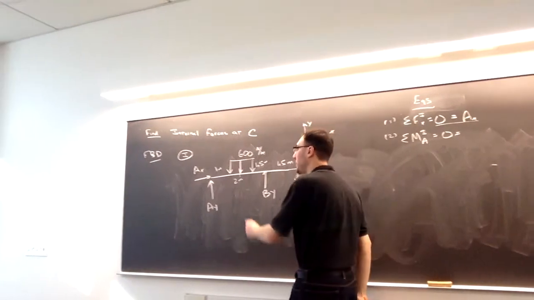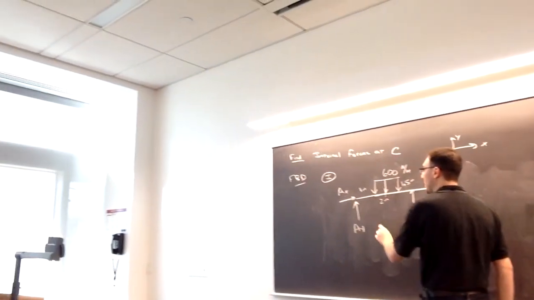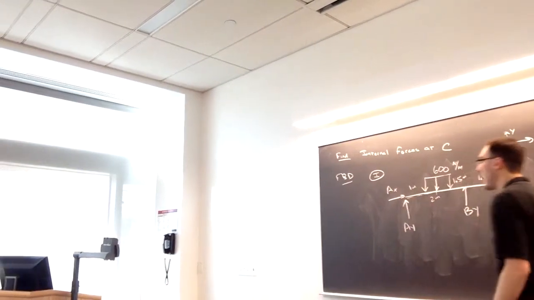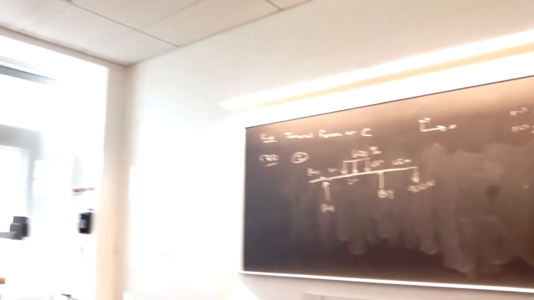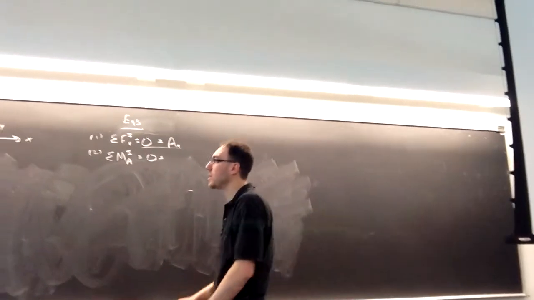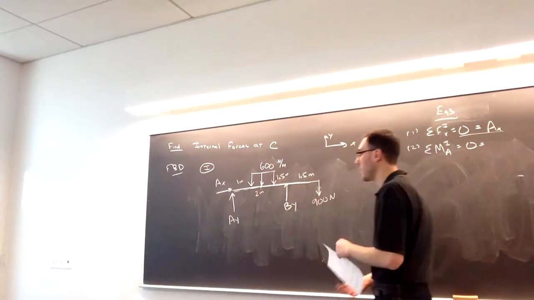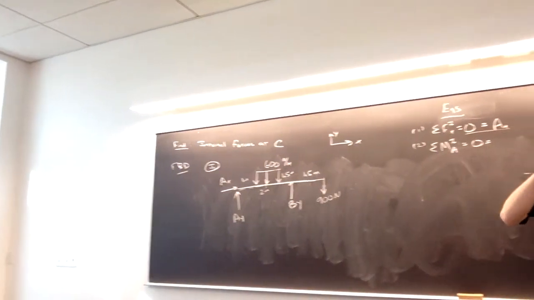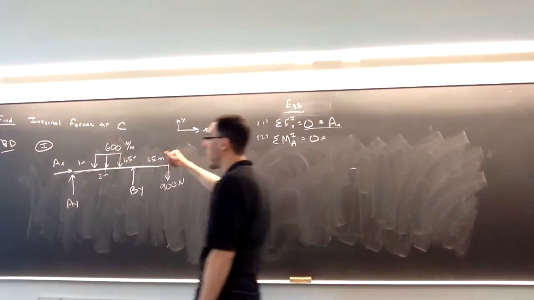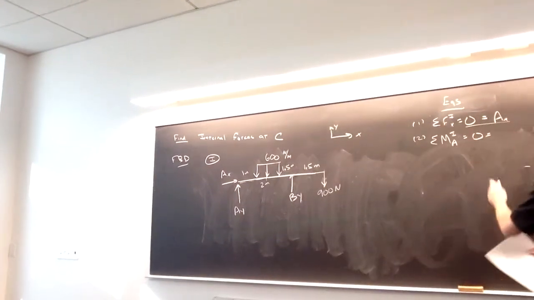And the equivalent location it acts is going to be at the center point. So 1 meter from its edge, which is another meter from A. So 2 meters times 1,200 newtons is 2,400 newton meters due to the equivalent force of this distributed load here. And it's going to be negative because it's acting in a clockwise rotation around point A. So I'll write out the pieces of it here.